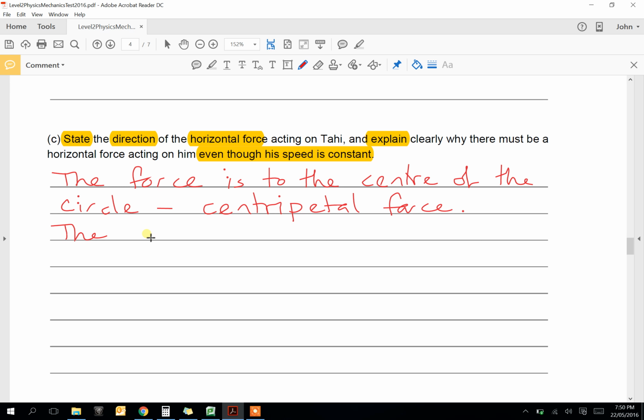Why must it be there? The velocity is changing. This is the key thing.